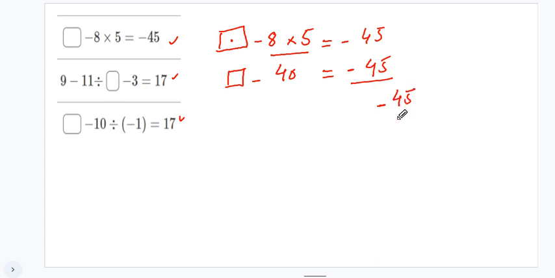But the thing is, if I take away like this, minus take away, it is going to be added. Like minus 45 minus 40 will not give you 5, it will give you 95, because the signs are the same. Understand that?